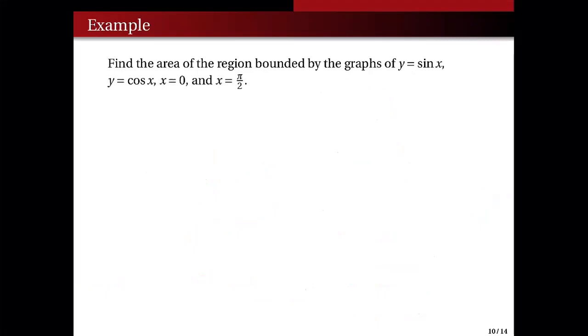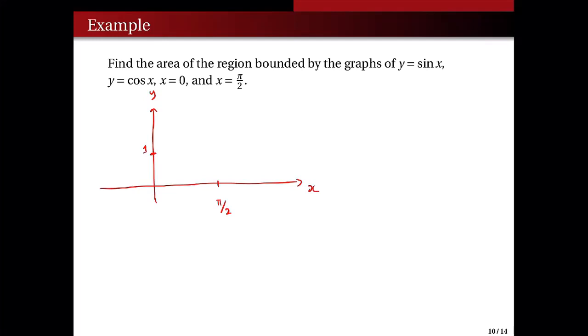Let's try to sketch the graphs of these functions. This is your x, this is your y, and suppose this is 1 on the y-axis, and this is pi over 2.